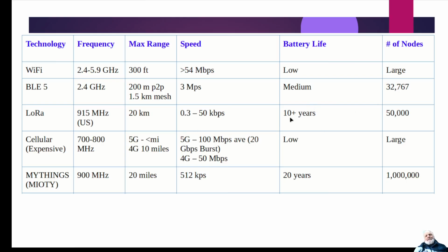You can get a lot of battery life out of it with just sending that little bit of data. If you don't need 54 megabits per second, then choose something that is going to use less energy and last longer, especially if you're running it off of a battery.